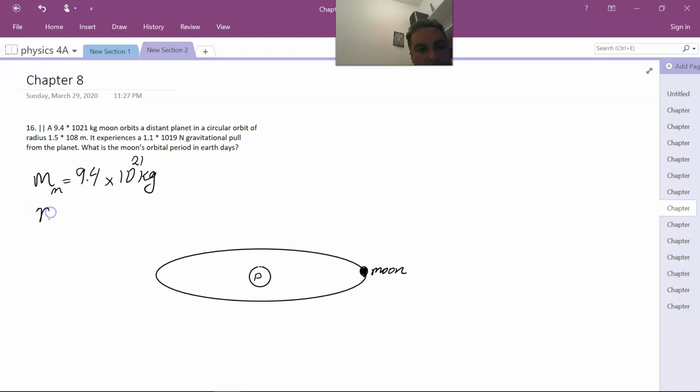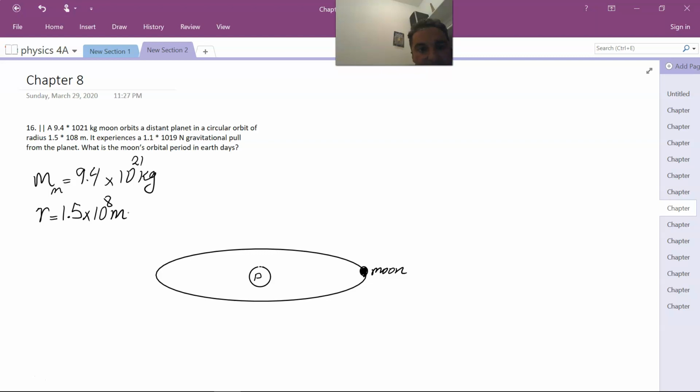The orbital radius is 1.5 times 10 to 8 meters.